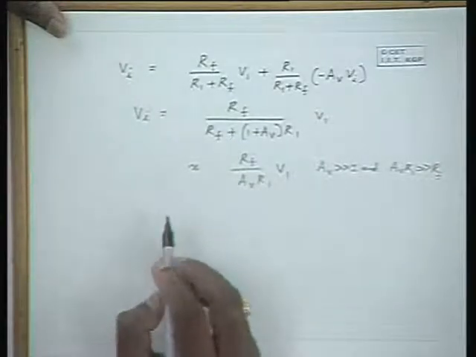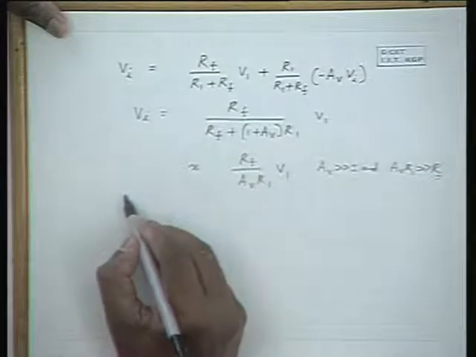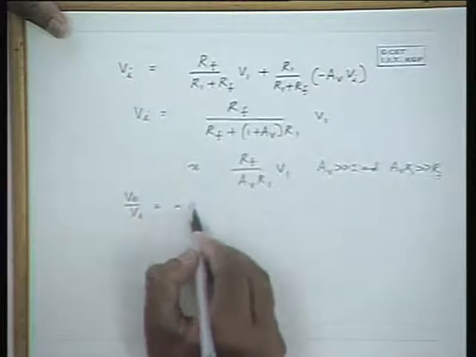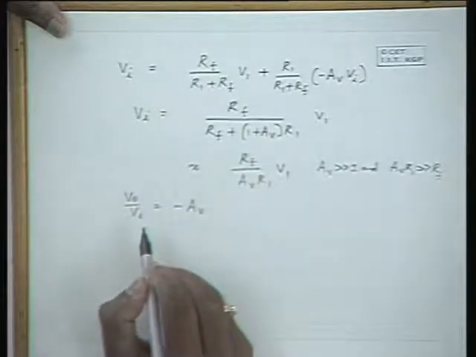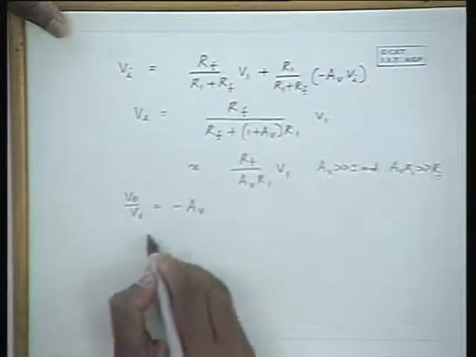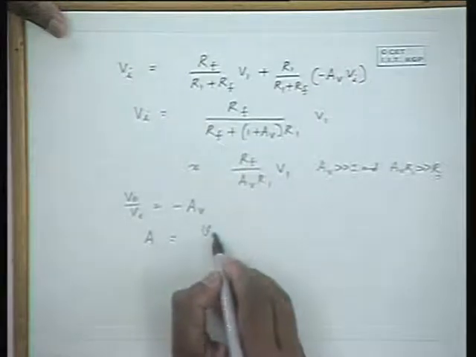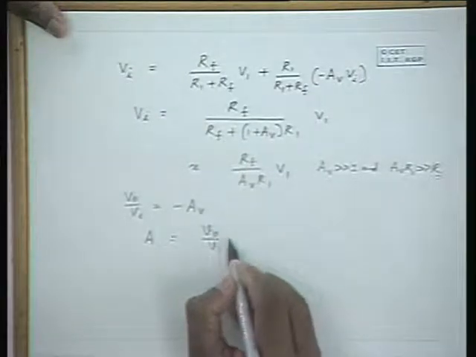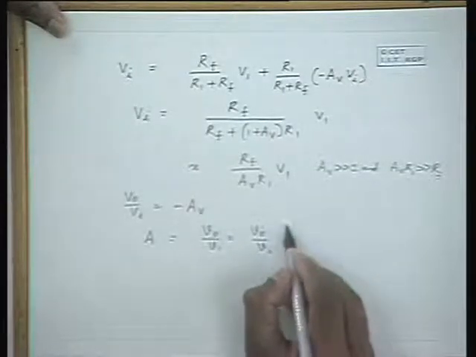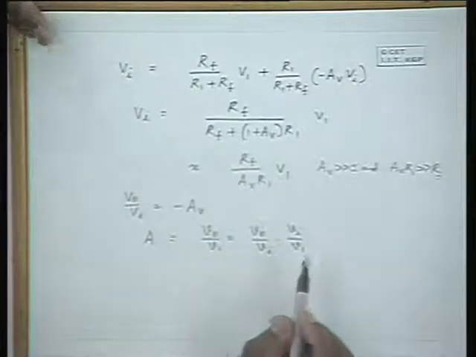Now we get V0 by Vi. V0 by Vi is actually minus AV itself. And what we need is the voltage gain with feedback, A equal to V0 by V1. This can be obtained from the V0 by Vi into Vi by V1 expressions.